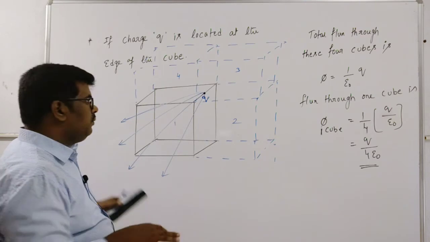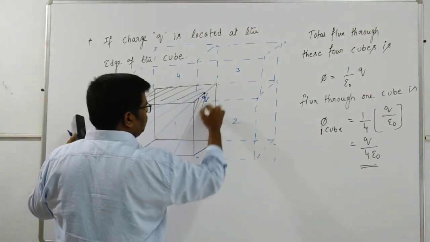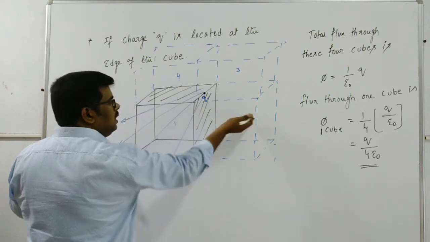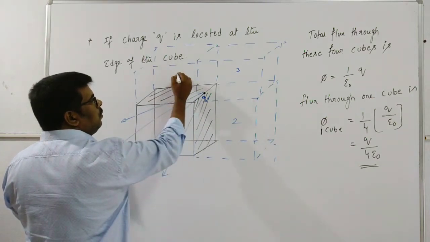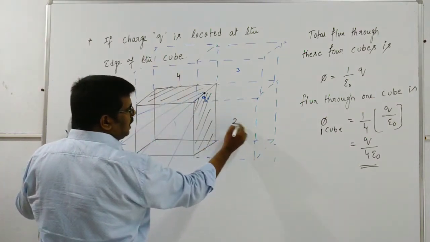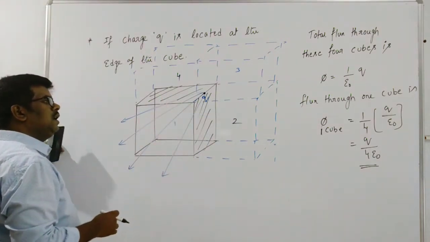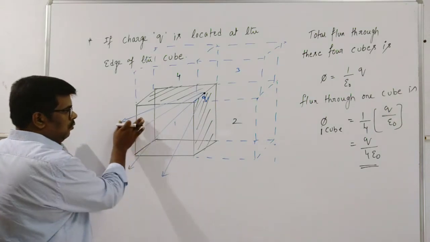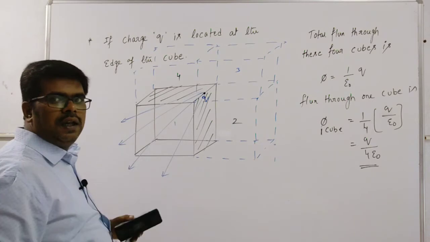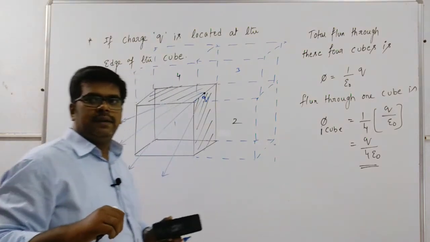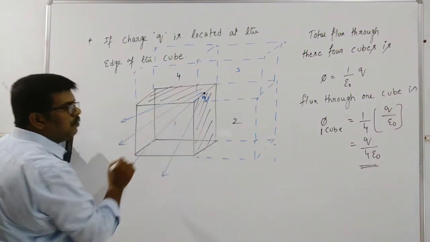This one is covered with these two. So this is covered with the 4th cube, this is covered with the 2nd cube. So these faces are not able to be seen. Which faces are open? 1, 2, front one, back side one. Totally 4 faces can be seen, meaning the flux will come out through these 4 faces only.